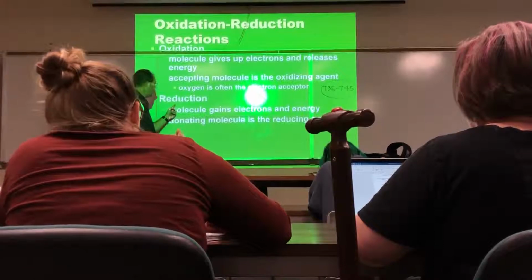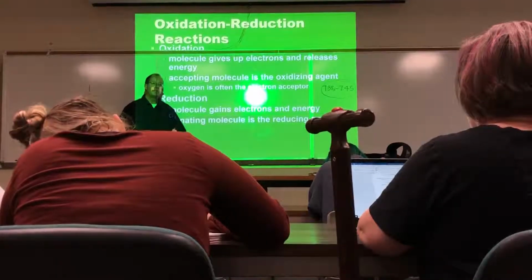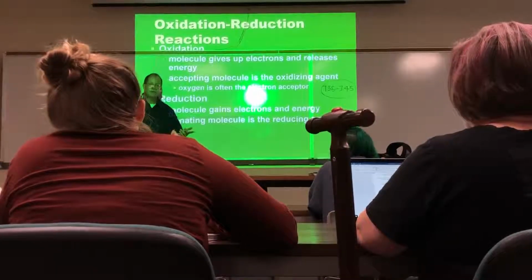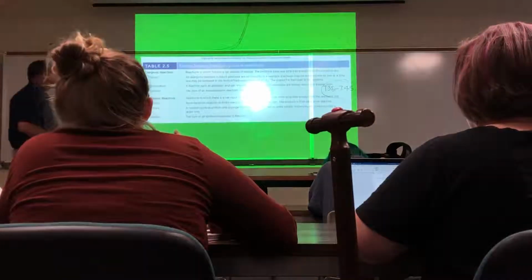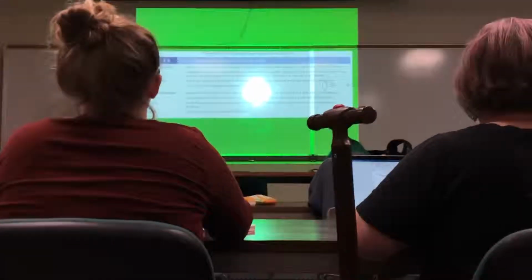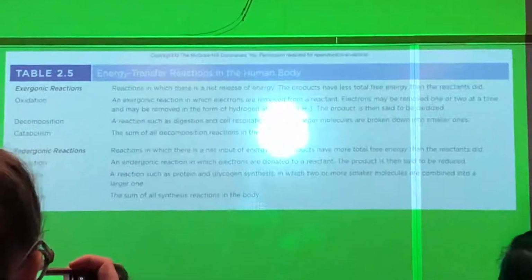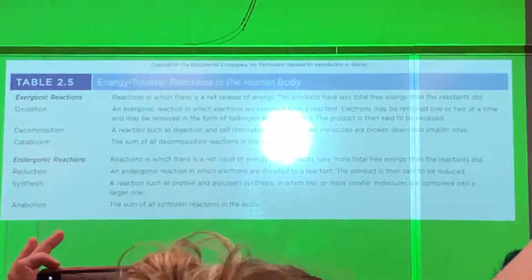And it says that reduction gains or requires input. So that's an endergonic reaction. Now get out your phone because this table doesn't exist in your book, but I like this table. This table tells you of all the reactions that we talked about, it organizes them into endergonic and exergonic. So snap a picture of that.